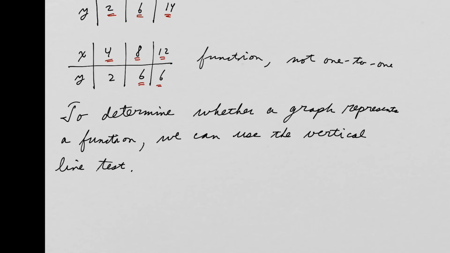And then further, if you want to determine whether it's one-to-one, then you use what's called the horizontal line test. So I'll say a horizontal line test will determine whether a function is one-to-one.